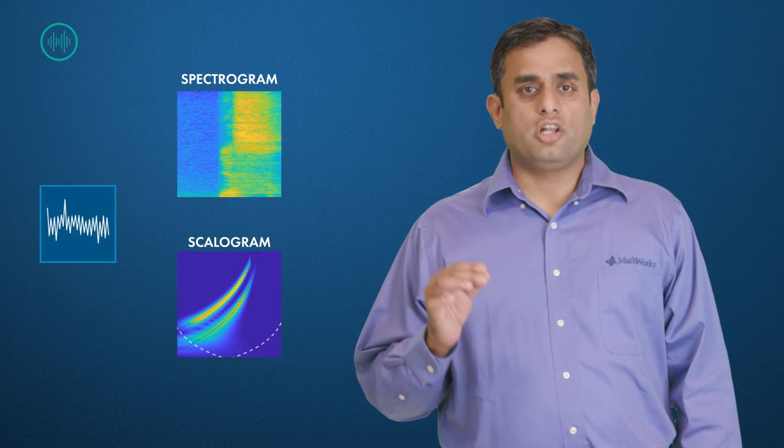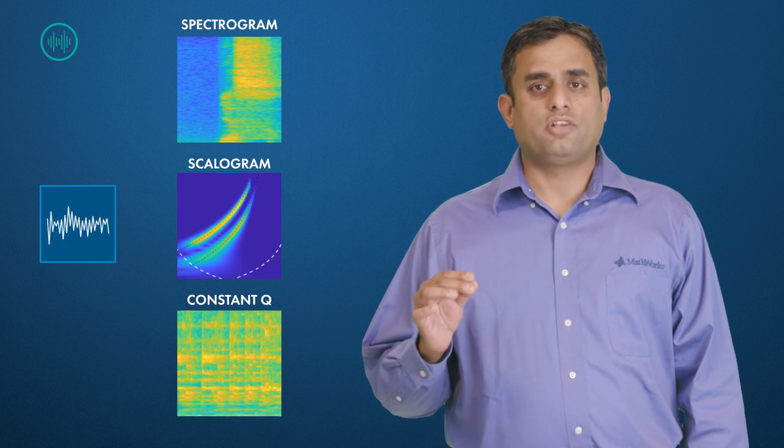This approach enhances the patterns that may not be visible in the original signal. There are a variety of techniques for generating time-frequency representations from signals and saving it as images, including spectrograms, continuous wavelet transforms or scalograms, and constant Q transforms.